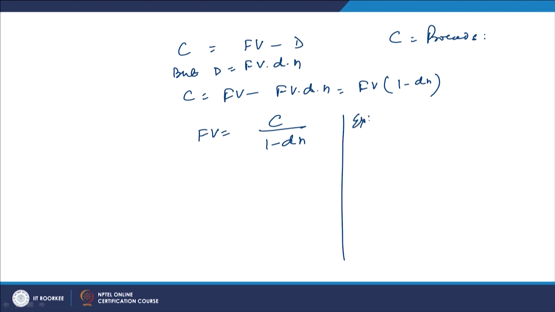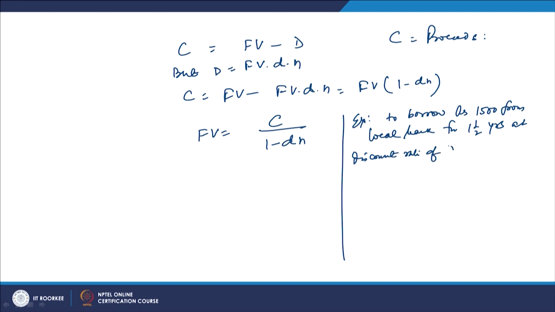Suppose that someone has to borrow rupees 1500 from a local bank for 1.5 years, at a discount rate of 9.75%, suppose.